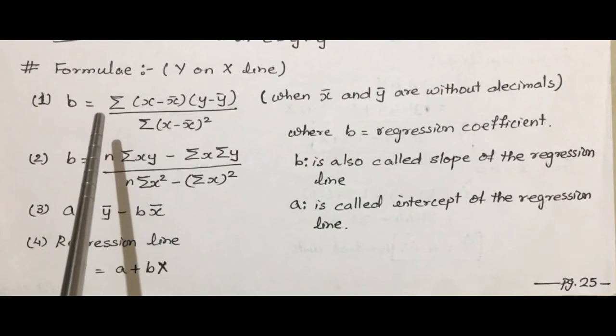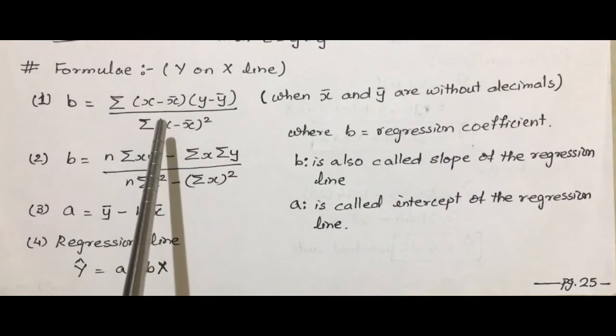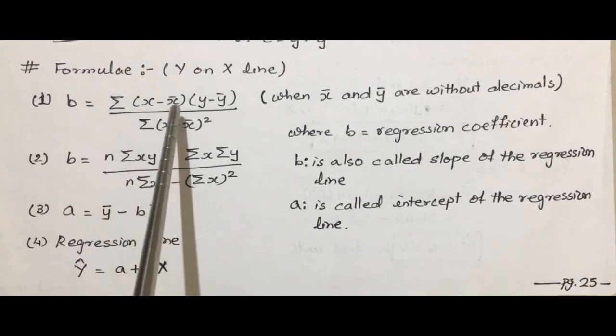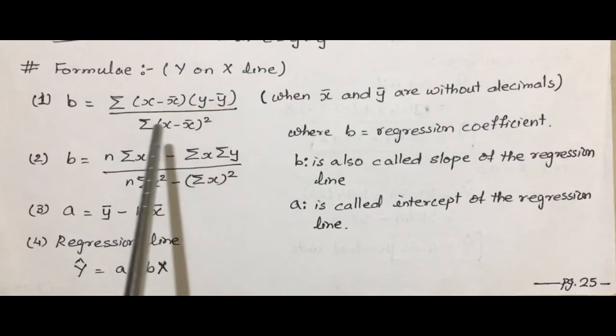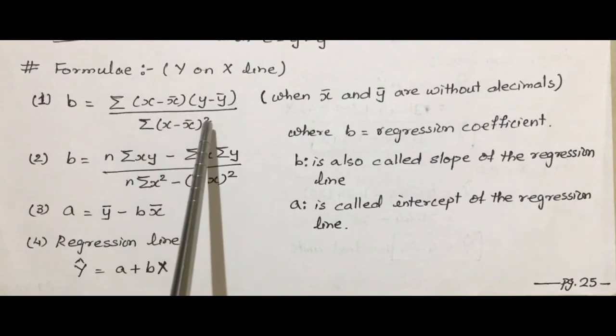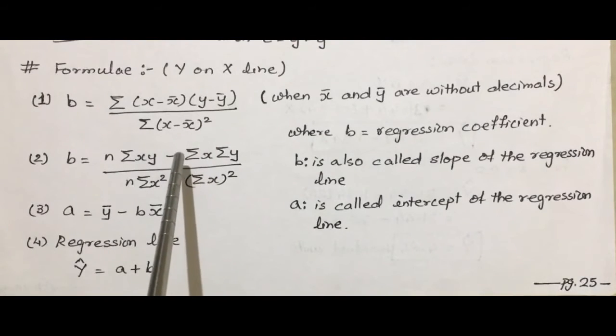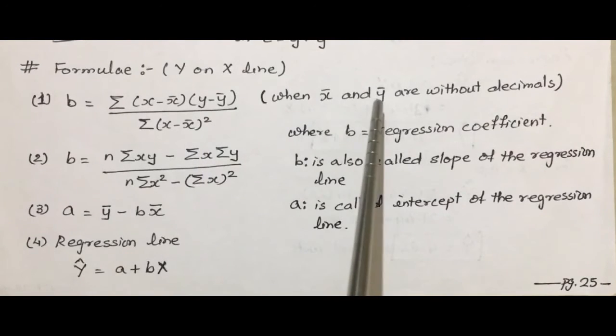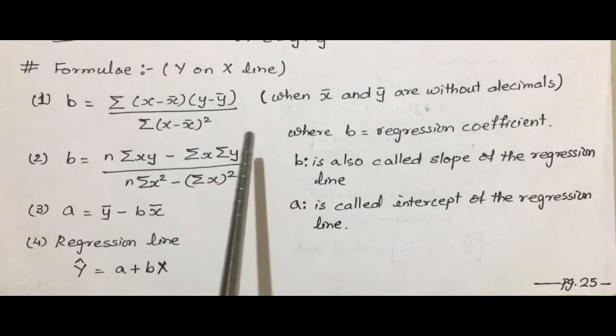The formula used over here is summation x minus x bar into y minus y bar divided by summation x minus x bar square. Now this formula can be used only if x bar and y bar are without decimals.